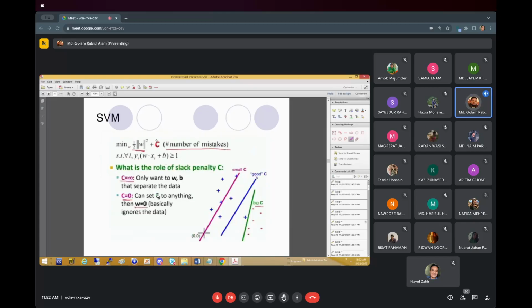How can we determine C, or what value of C is appropriate?